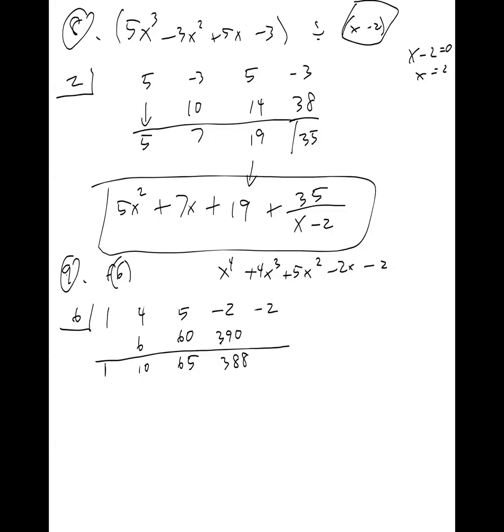Wow, this is getting huge. So 388 times 6 is 2328. If I add -2 to that, I get 2326. So that's the answer. f of 6 equals 2326.